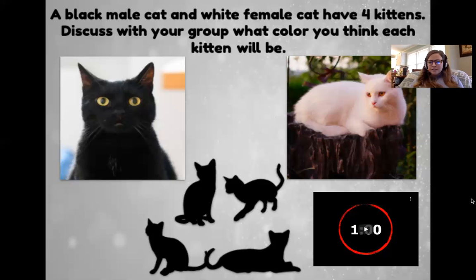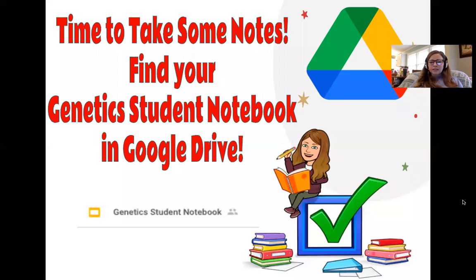All right, let's move on. We're going to take some notes about dominant and recessive genes and parents and their offspring in your notebook. At this time, I want you to go to your drive and find your notebooks so that we can take our notes.